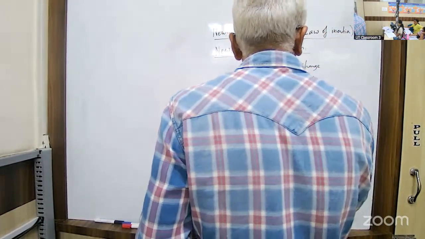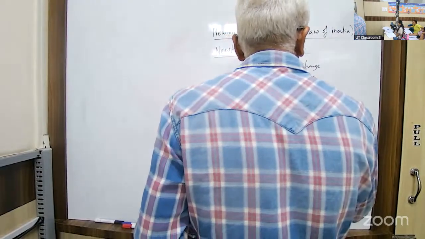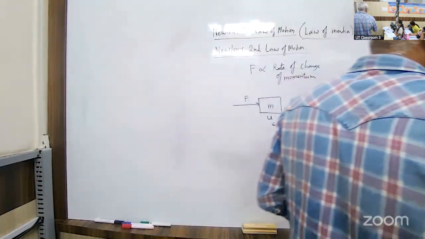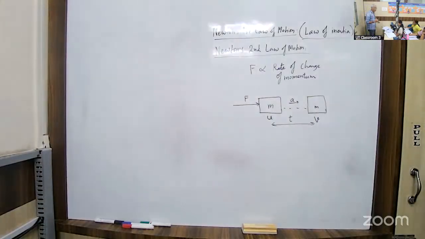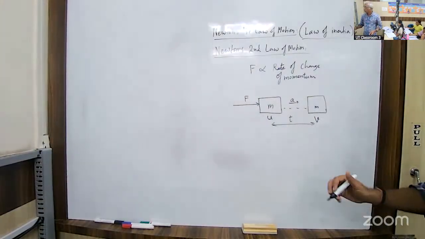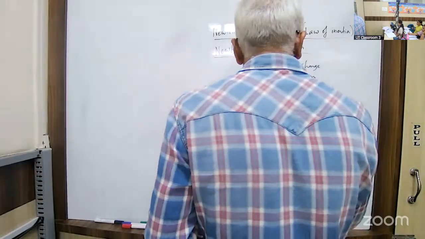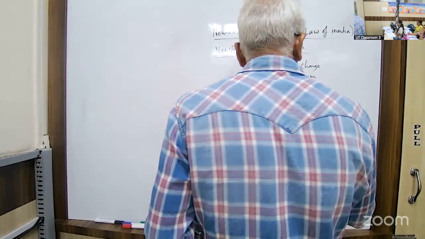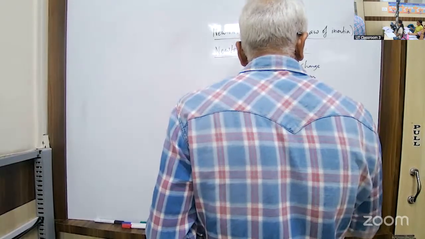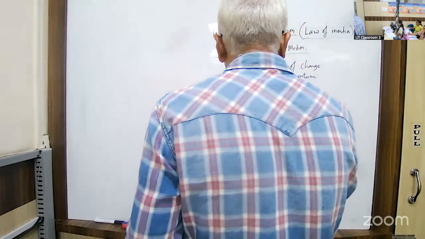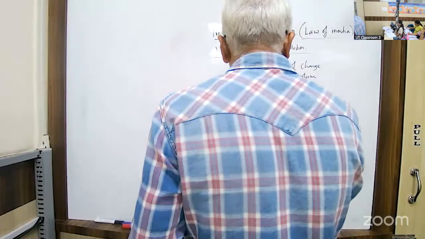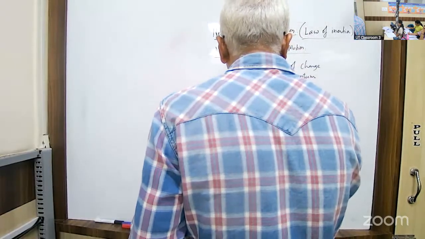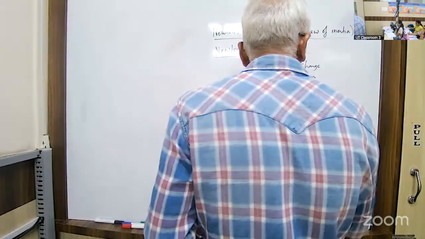Let us say it took time t. In t time, its velocity changed from u to v. So what is the rate of change of momentum? The change in momentum is mv minus mu.